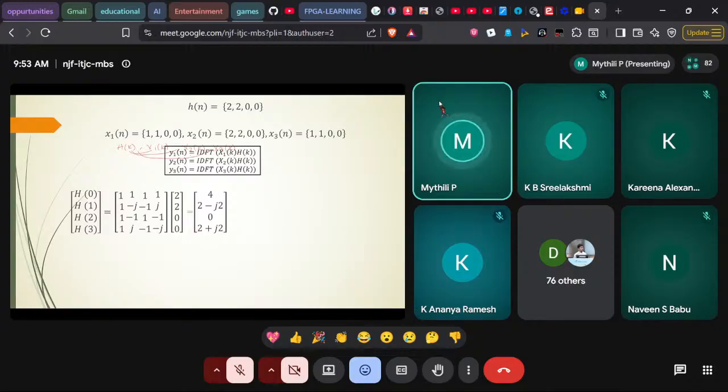There will be 4 samples in h of k. Remember the W matrix. Since it's 4 point, you can use the 4-point W matrix. See, the values are 4, 2 minus j2, 0, and 2 plus j2. Symmetry has to be verified. Otherwise, your computation might go wrong.